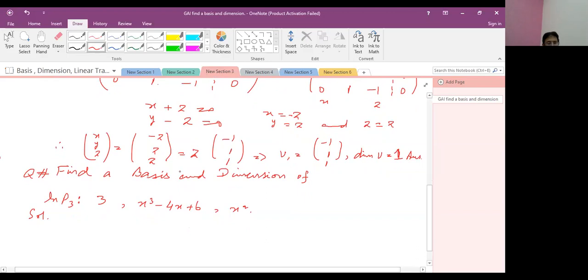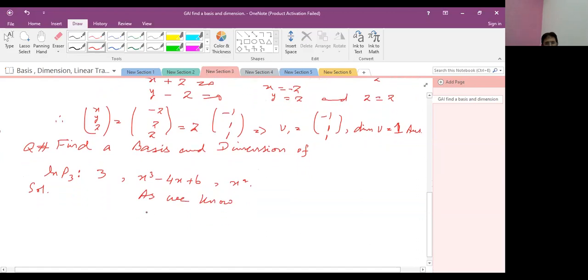So student, as we know, the power of x is 0, the power of x is 1, and x is 2. So there are three powers: 0, 1, 2.